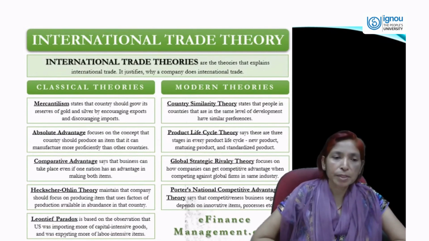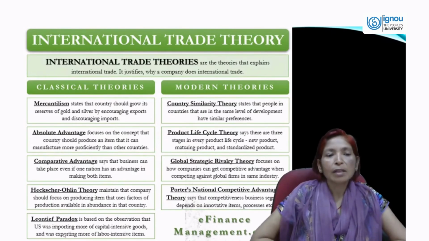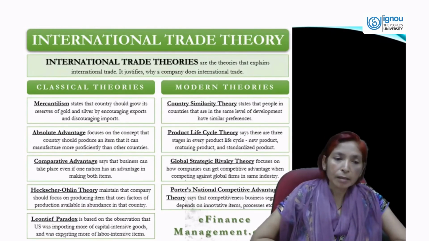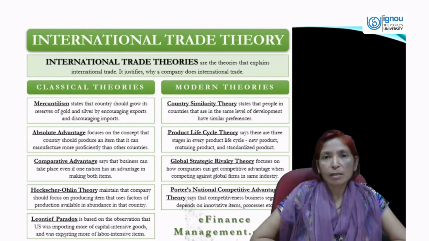Absolute advantage theory mainly focuses on the concept that a country should produce an item that it can manufacture more efficiently than other countries.